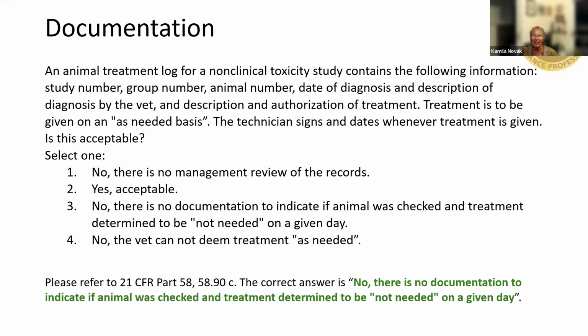If the symptoms are better, the treatment is not needed. So I check the animal and I see, yes, the symptoms are worse than they were yesterday, so it should be given. But today, no, the animal looks perfectly fine, so I don't need to give it. But I should document, and we heard it from Sherry saying that proper documentation.